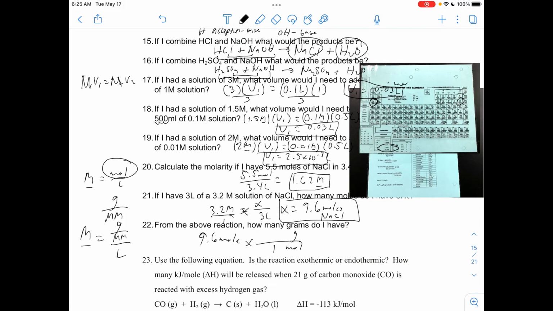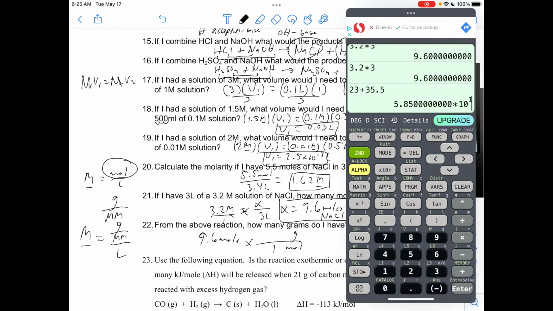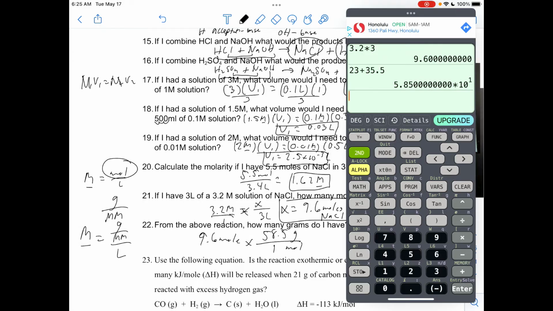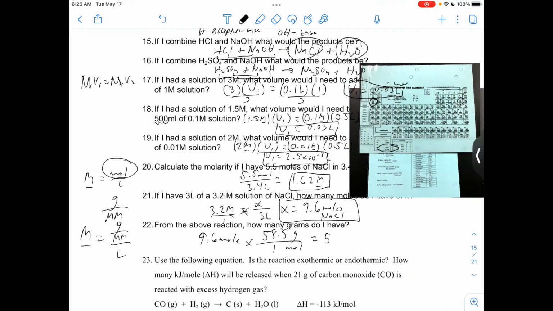So 23 plus 35.5 would give me 58.5. Okay, so 9.6 times 58.5 divided by 1 is equal to 561.6 grams of NaCl.